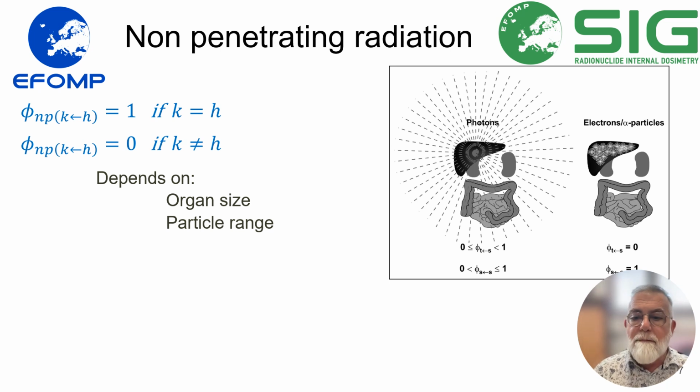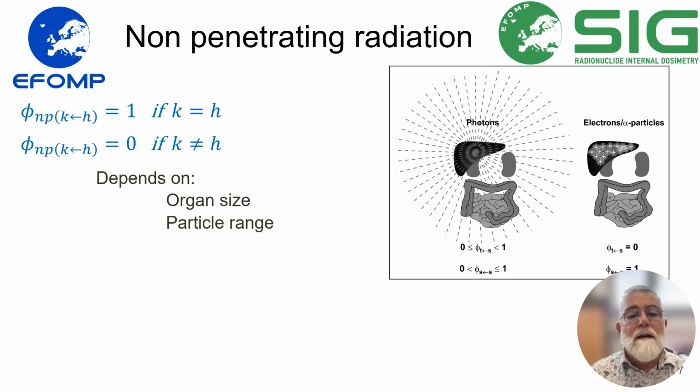And then comes a very important concept, especially for molecular radiotherapy, the concept of penetrating and non-penetrating radiation. Assume that some radiation range is so small that you can safely assume that everything that is emitted is absorbed locally. Then there's a transcription of that in the MIRD formalism, which is that the absorbed fraction for non-penetrating radiation in the target k from the source h is 1 whenever source and target are the same.